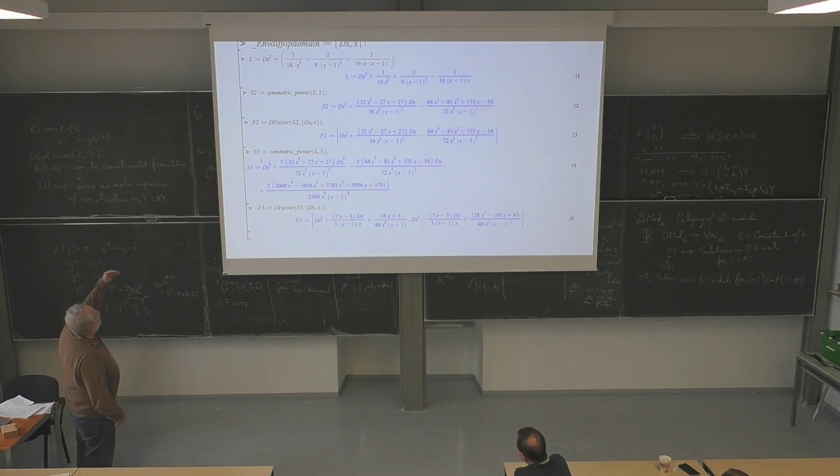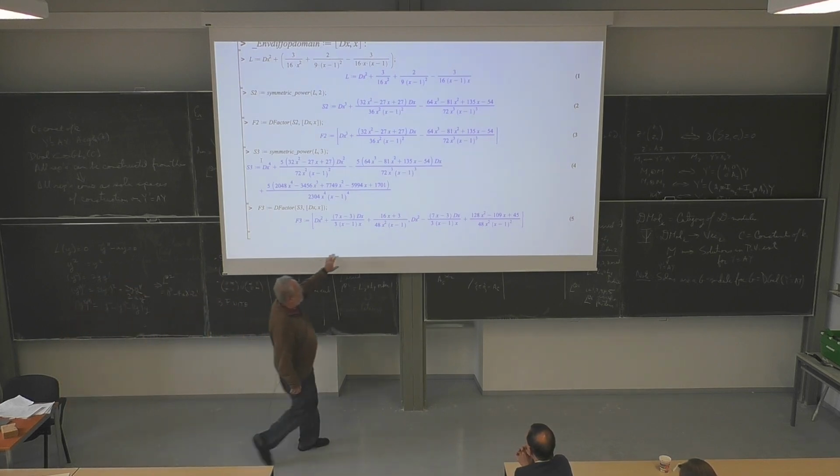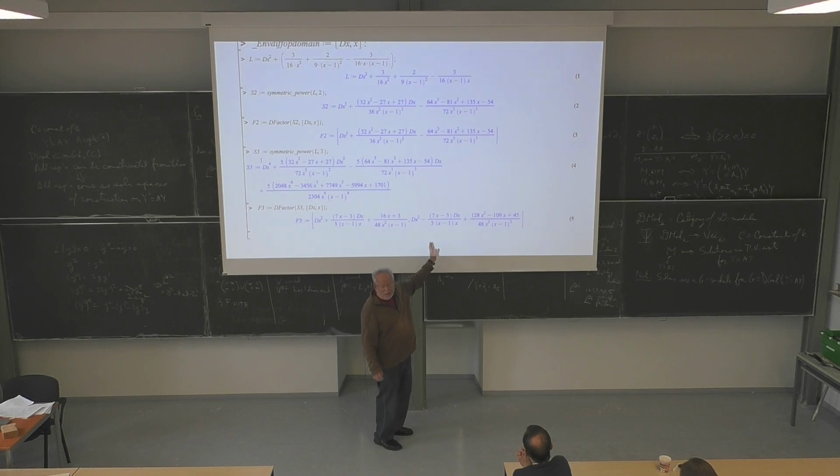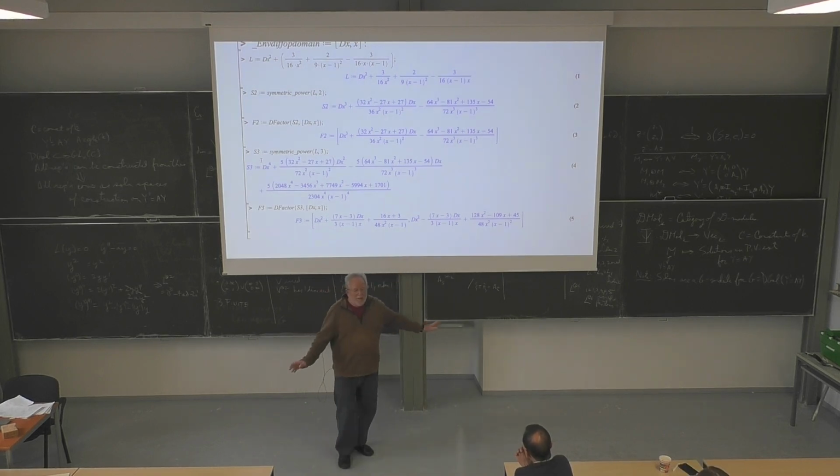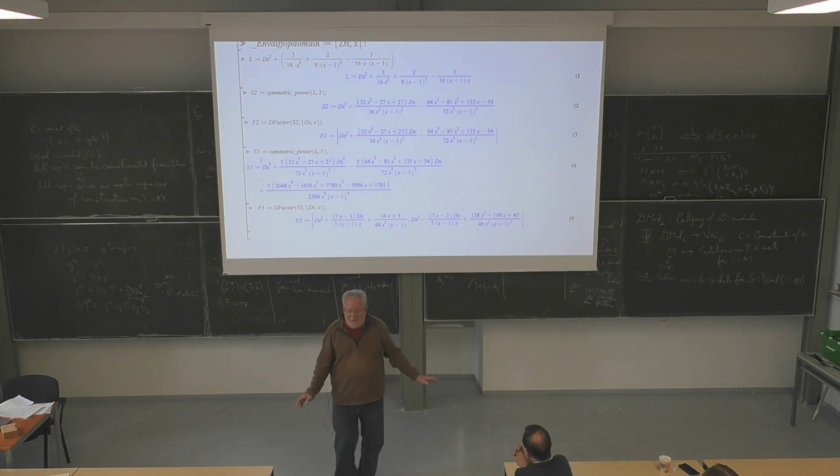So the equation, its second symmetric power is irreducible, but the third symmetric power has at least two factors of order 2. So now I know what the group is, right? Just from the representation theory.